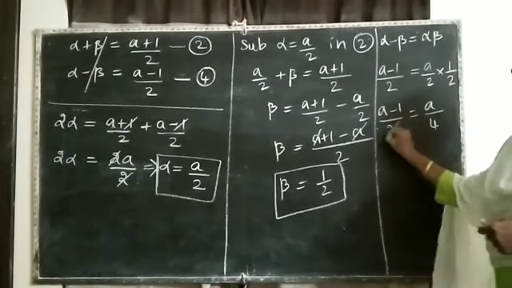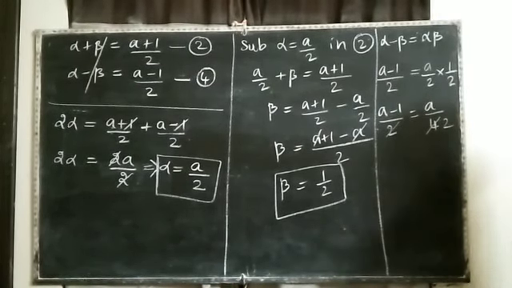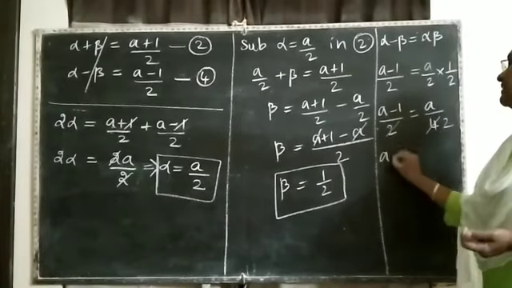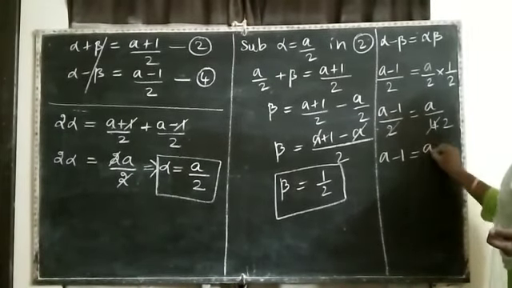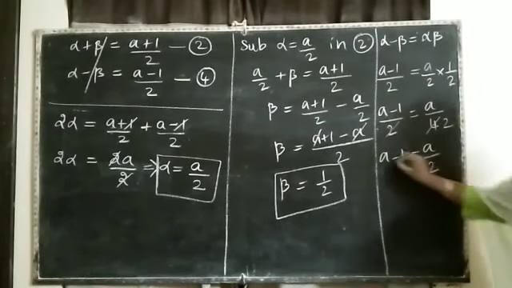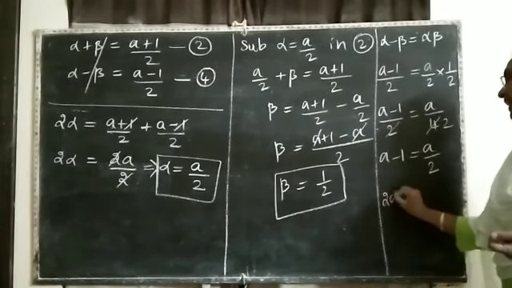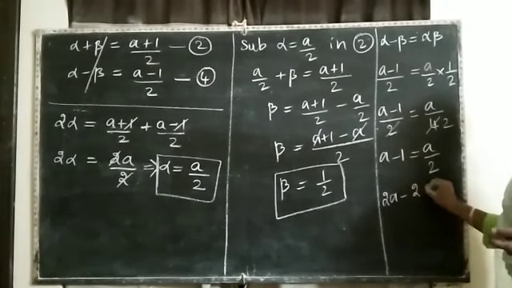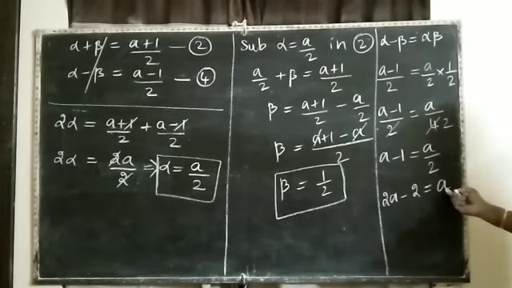Now 2 ones and 2 twos are getting cancelled. So this becomes a minus 1 is equal to a divided by 2. Now bring this 2 to that side. 2a minus 2 will be equal to a. Now bring this a to this side and minus 2 to that side in order to bring the value of a.